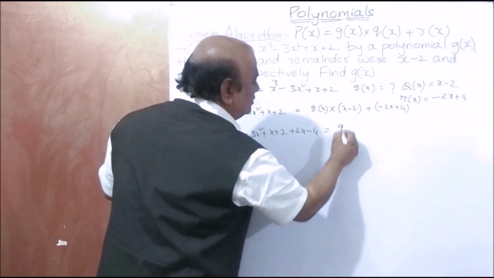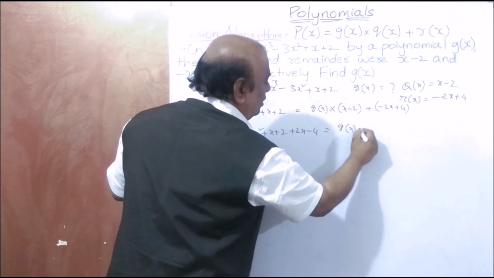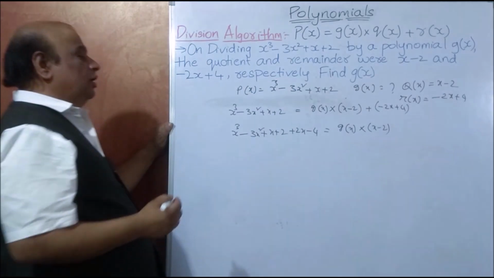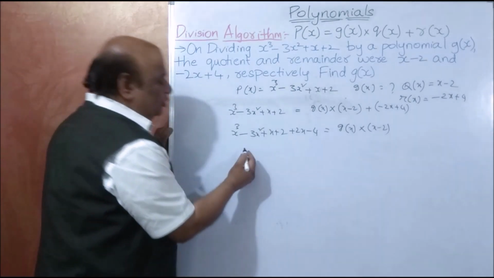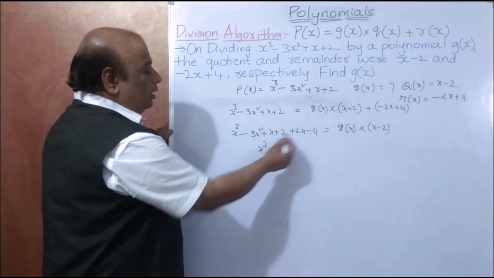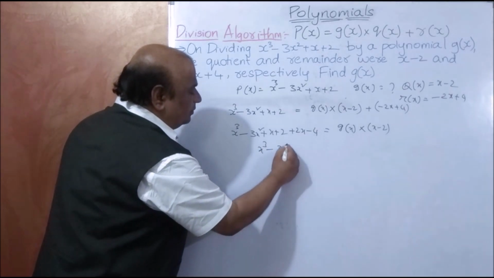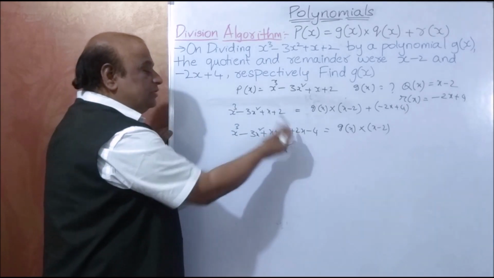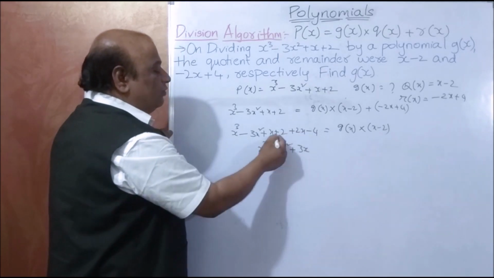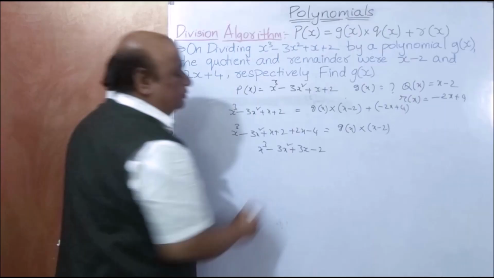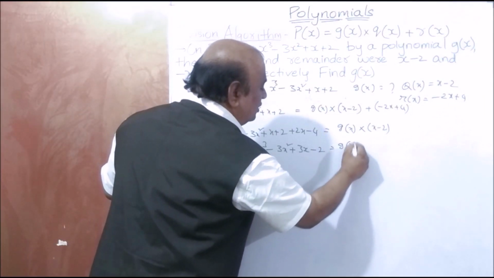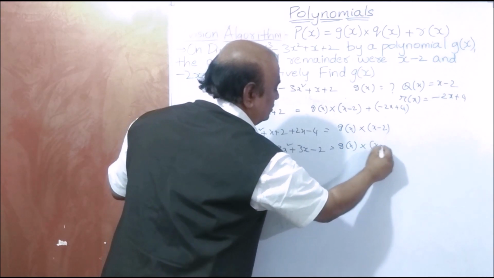Now g of x into x minus 2. Now what about this? X cube minus 3x square plus x plus 2x, that is plus 3x, minus 4 plus 2, minus 2, is equal to g of x into x minus 2.